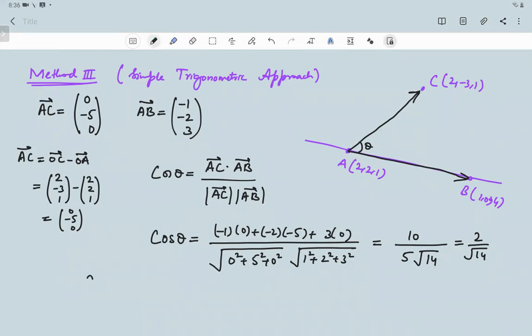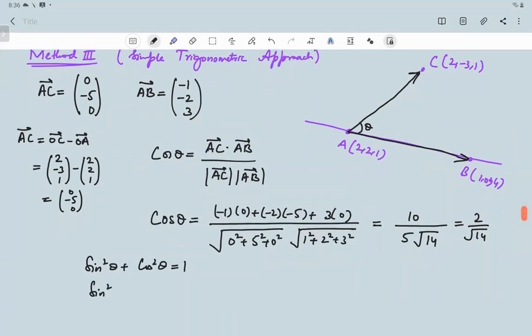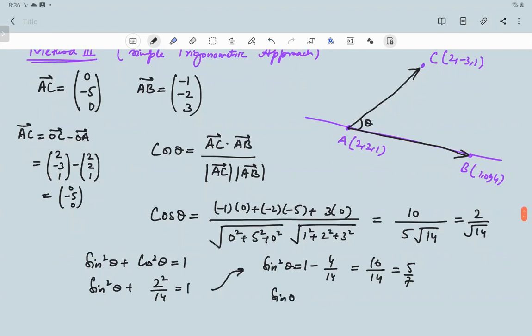We know that sine square theta plus cos square theta is equal to 1. Hence, sine square theta plus 2 square over 14 is equal to 1. Then sine square theta is equal to 1 minus 4 over 14 or 10 over 14 or 5 over 7. And sine theta becomes under root 5 over 7.